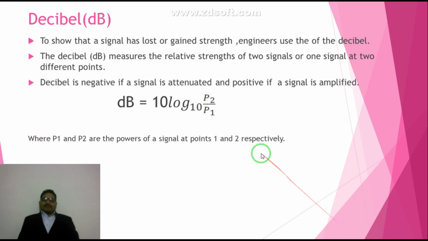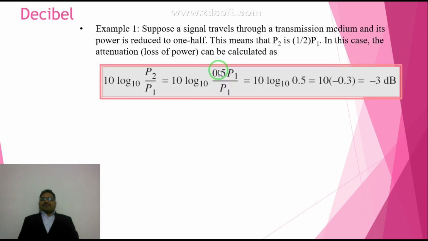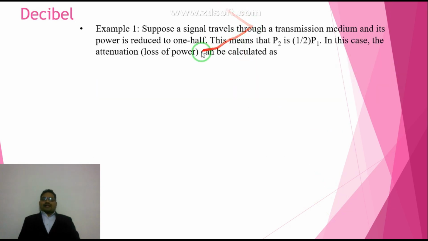Now, suppose a signal is traveling through a transmission medium and its power is reduced to 1/2. That means P2 is equal to P1 upon 2. In this case, since the power is reduced, attenuation has taken place, that is, loss of power. How can the loss of power be calculated?